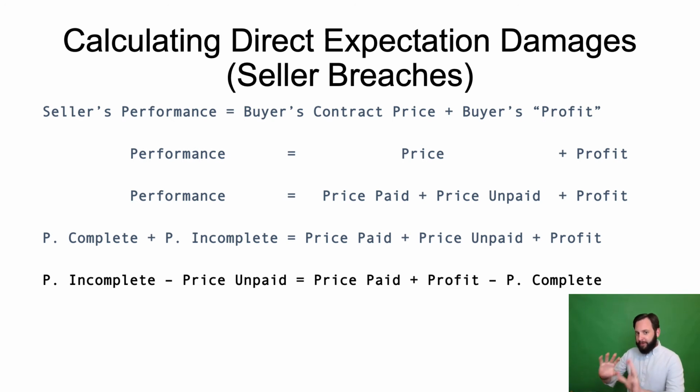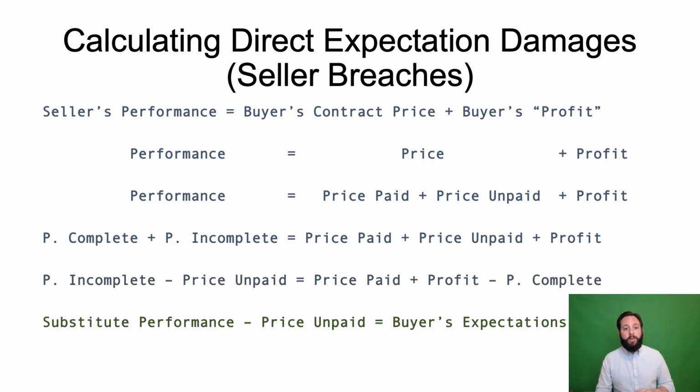Everything else has happened except the profit. So in order to give the buyer the profit, in order to give the buyer the expectation under the contract, the seller will pay to the buyer the value of the incomplete performance minus any cost avoided, any price unpaid by the buyer.